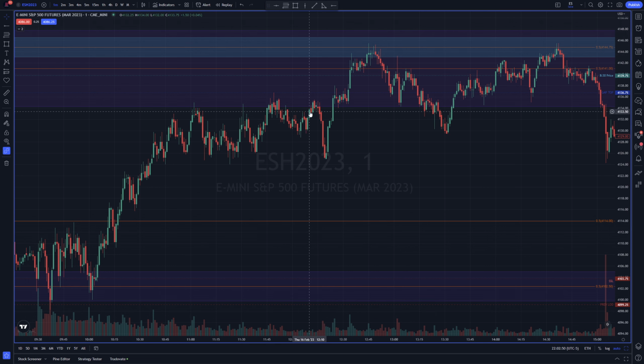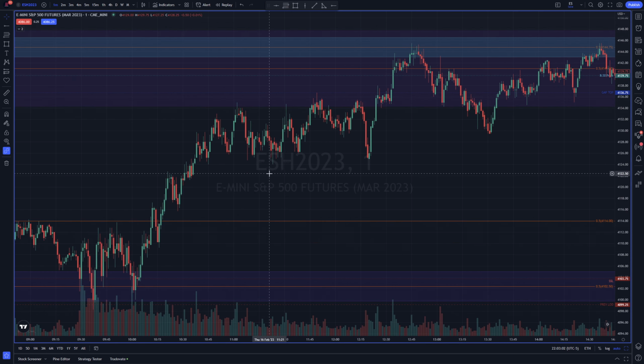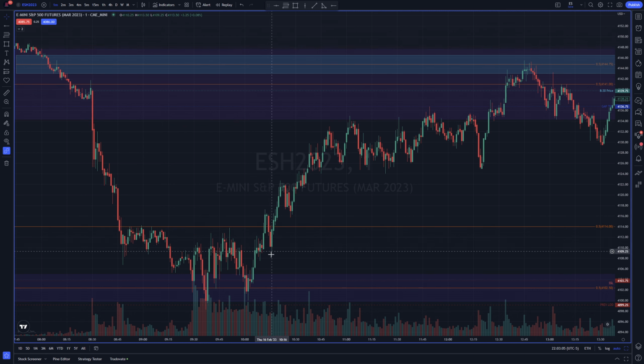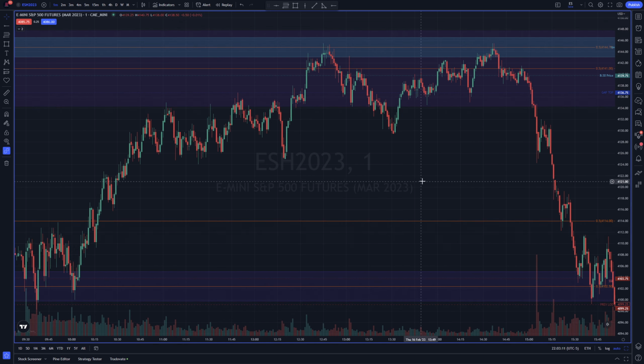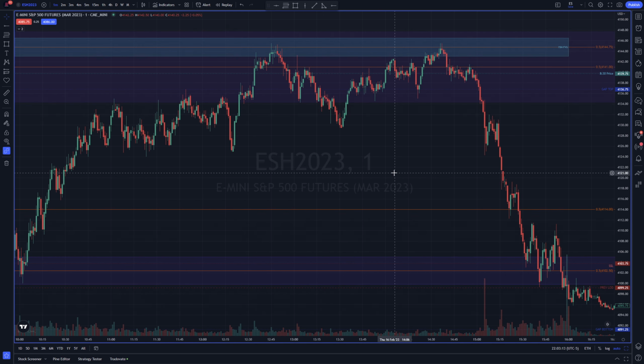Or we bent the rule here, right? But I would say there wasn't a displacement through a high, so your stop loss should have been like under here, so you would have been fine. But obviously, you know, it wasn't a straight shot. It got a little choppy in here and got a little hairy, but it eventually did get there.